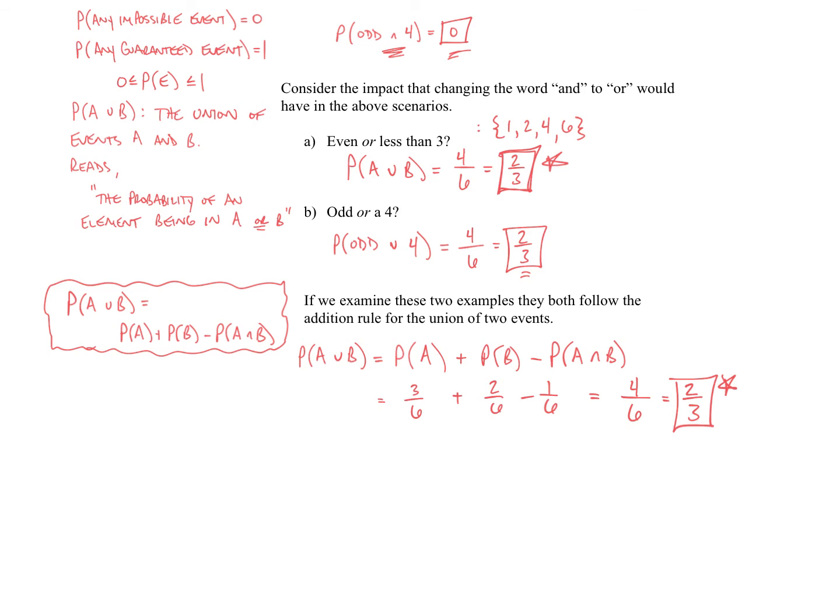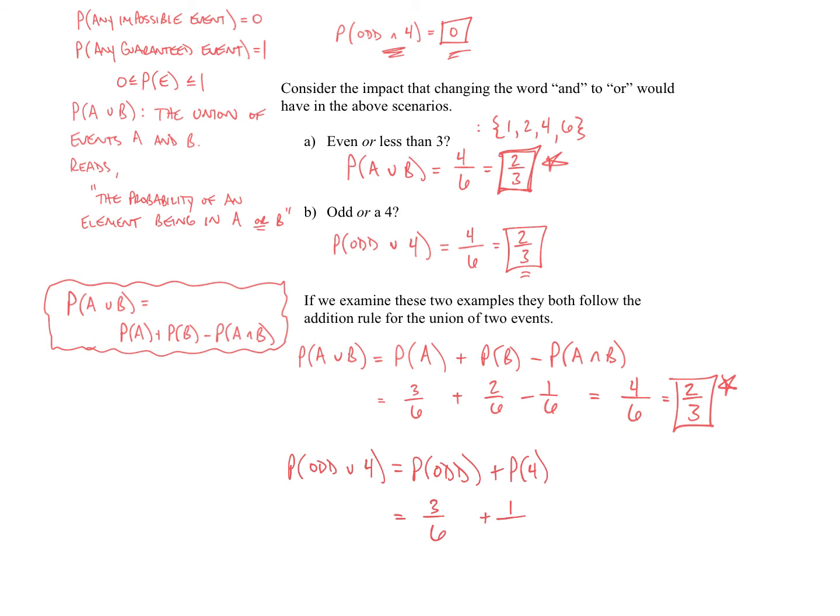So what this proves is that the formula works because I was able to do it by seeing the numbers and clearly see that the probability of A or B was 2/3, but my formula also shows me the same thing. And I'd get that same result if I tested odd or 4 as well. If I wanted the probability of a number being odd or being a 4, I would take the probability of a number being odd, and 3 of those 6 numbers are odd, plus the probability of a number being 4.